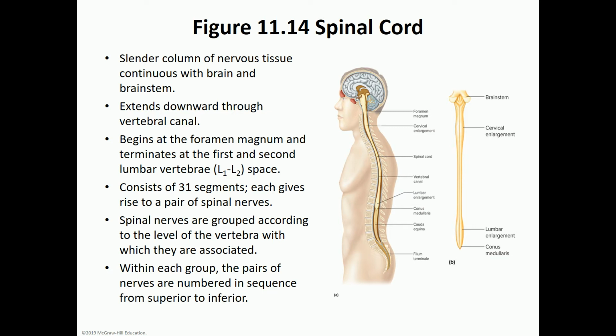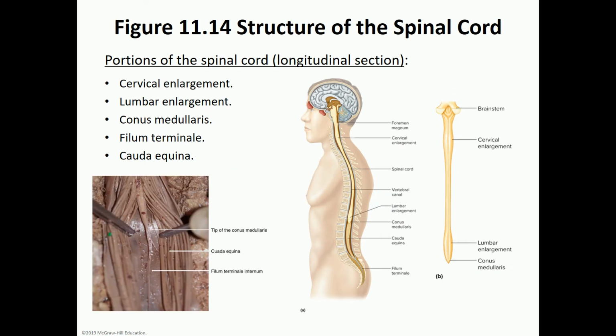Each segment is going to give rise to a pair of spinal nerves, so one on the right and one on the left. And because we have 31 segments of the spinal cord, that means we are going to have 31 pairs of spinal nerves.